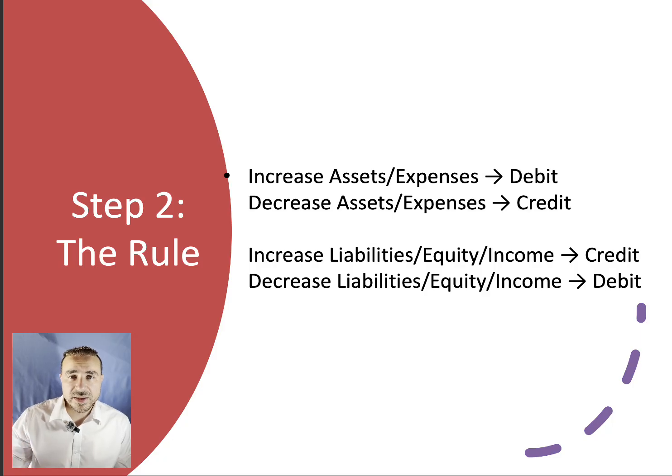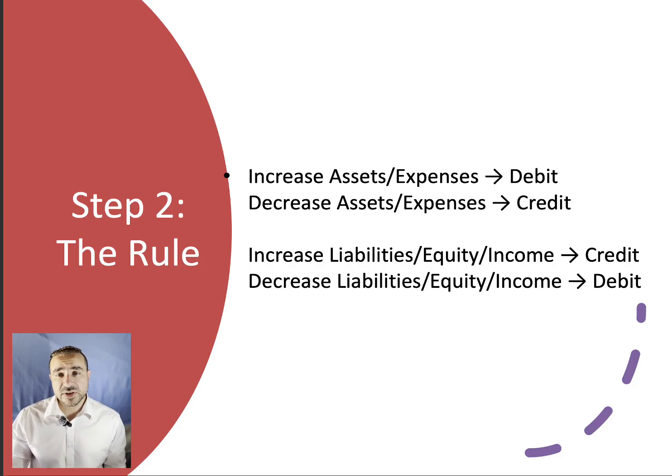Liability, equity, and income are already on the credit side. So if we want to increase any of them, we put it in the credit side, and if we want to decrease it, we put it in the debit side, not the credit side.